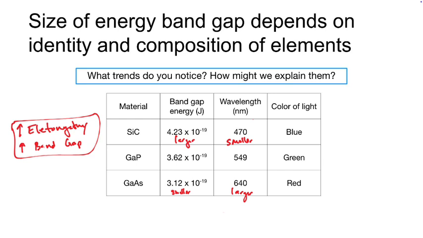They got smaller. So the larger the element is, the smaller the gap became between the occupied orbitals and our unoccupied orbitals. So if we look at increasing size, sorry, somebody's doing something fun on the computer over here. Increase in size did what to our band gap?